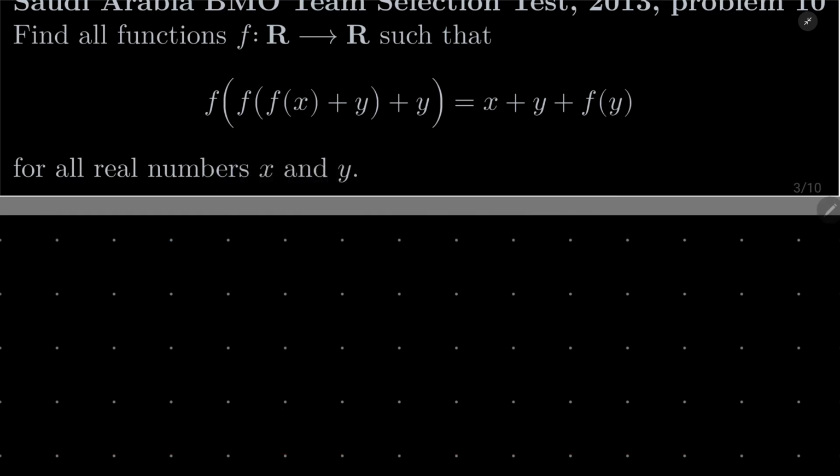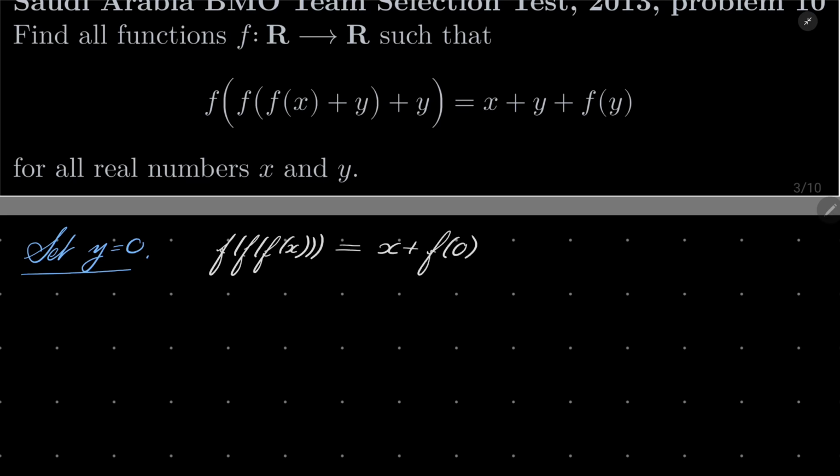Okay, so here is my solution. As I suggested, let's start by setting y to be 0. Then we have f of x equals x plus f of 0. Notice, on the right hand side we have an affine function, and this is injective, because two different x's give two different values.